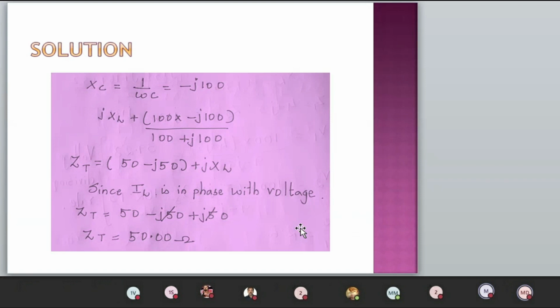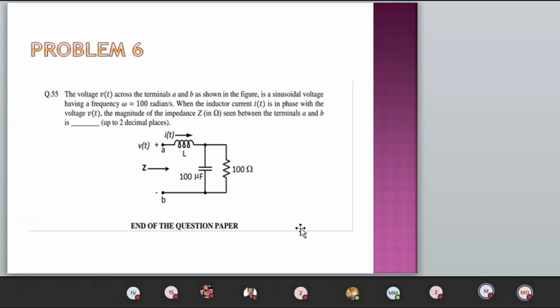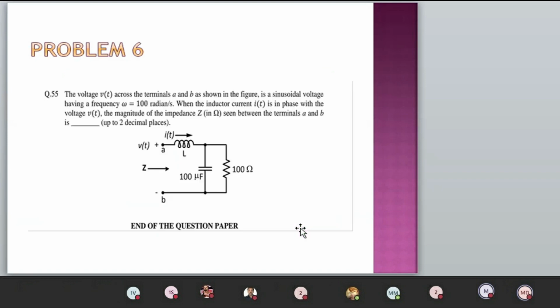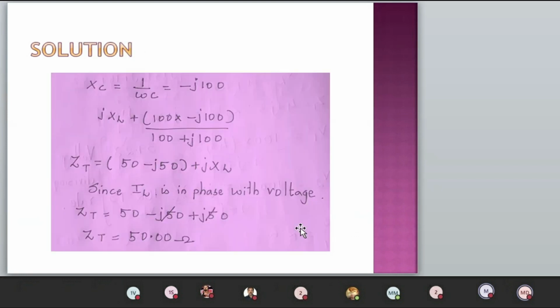Now, what is XC? 1 by omega C. It's already given, so omega is 100 and C you just substitute. And j into XL. Now you can notice that both the resistor and the capacitive reactance are connected in parallel, so convert to an equivalent: 100 into minus j100 divided by 100 minus j100, where 100 is the resistance value and minus j100 is the capacitive reactance.